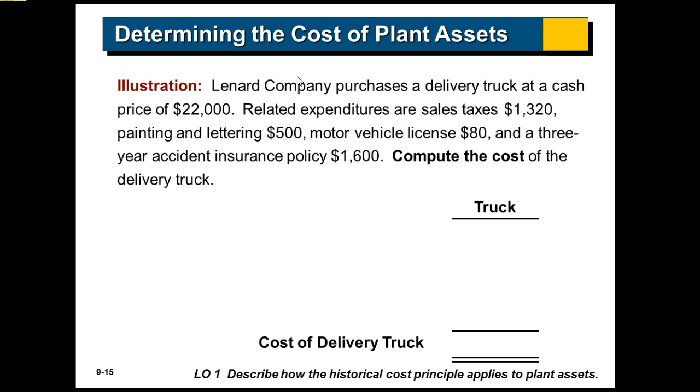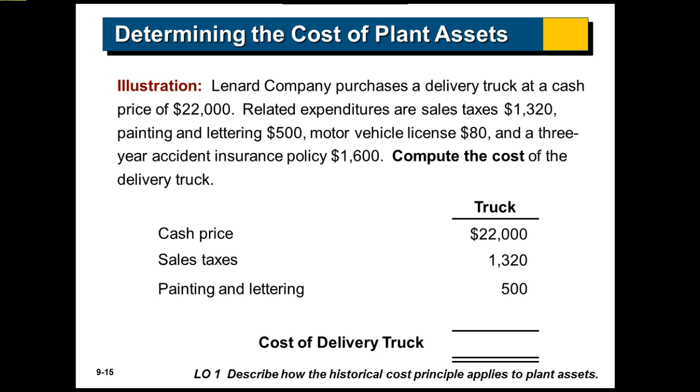Okay, so the expenses, the delivery truck and the sales tax, any types of improvements on that truck, the license, the insurance. Well, the insurance is going to be an expense, but all the cost in getting that truck in service, we're going to be able to capitalize. The cash, the sales price, the painting and lettering.